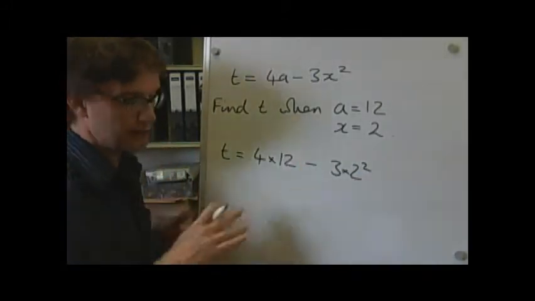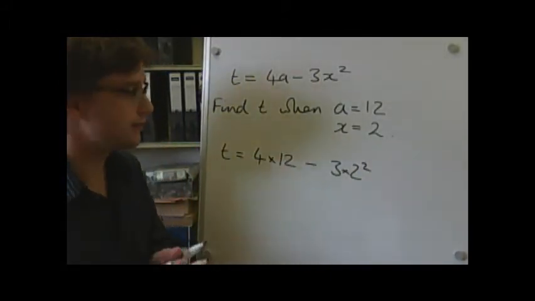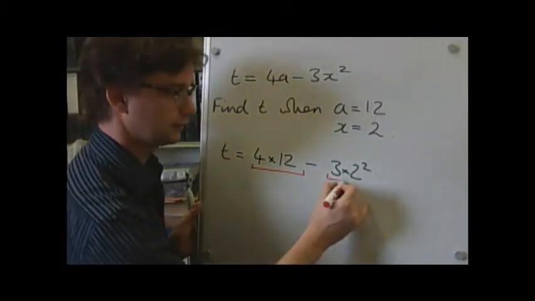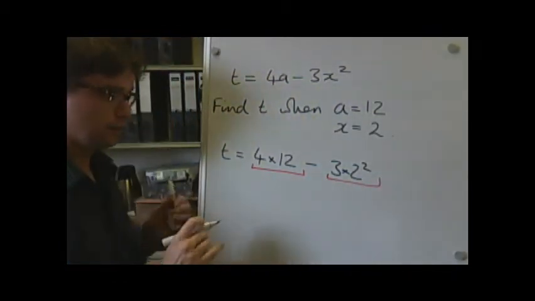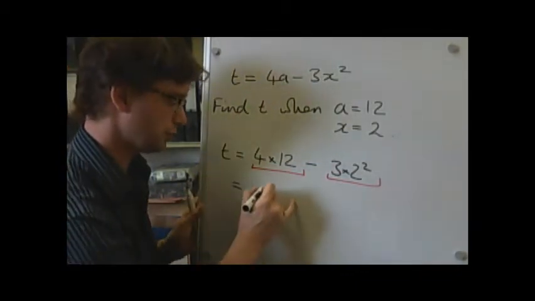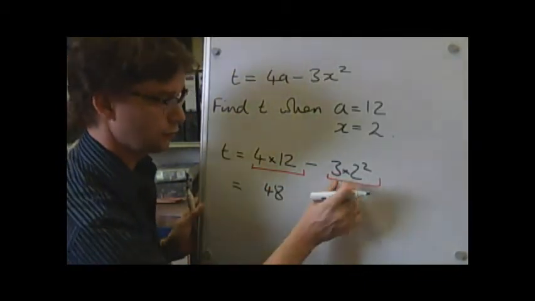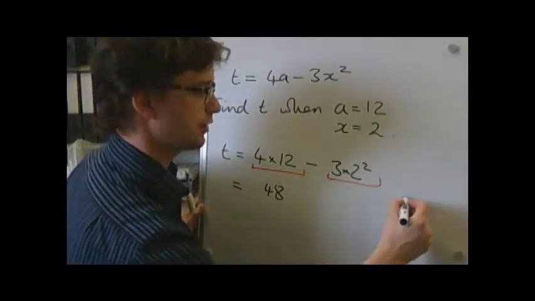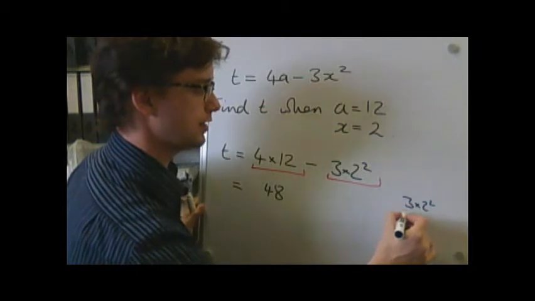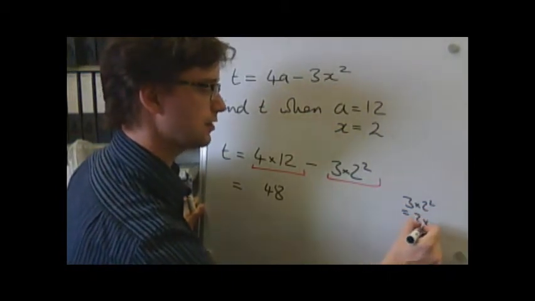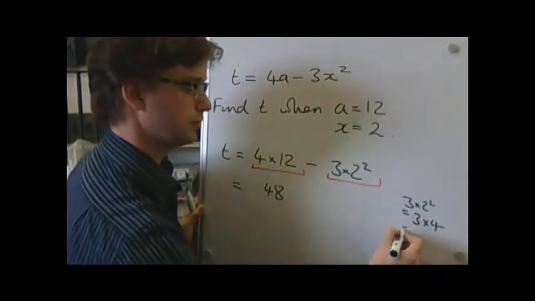One important thing to remember when you're dealing with these is that that's one term, this is another term, and I can work those out separately. So 4 times 12 is 48, and 3 times 2 squared is 3 times 4, which is 12.